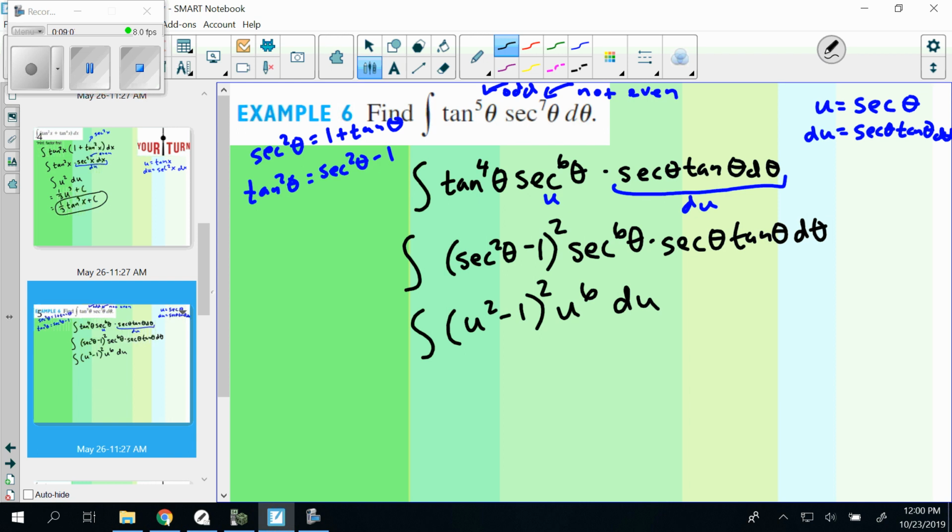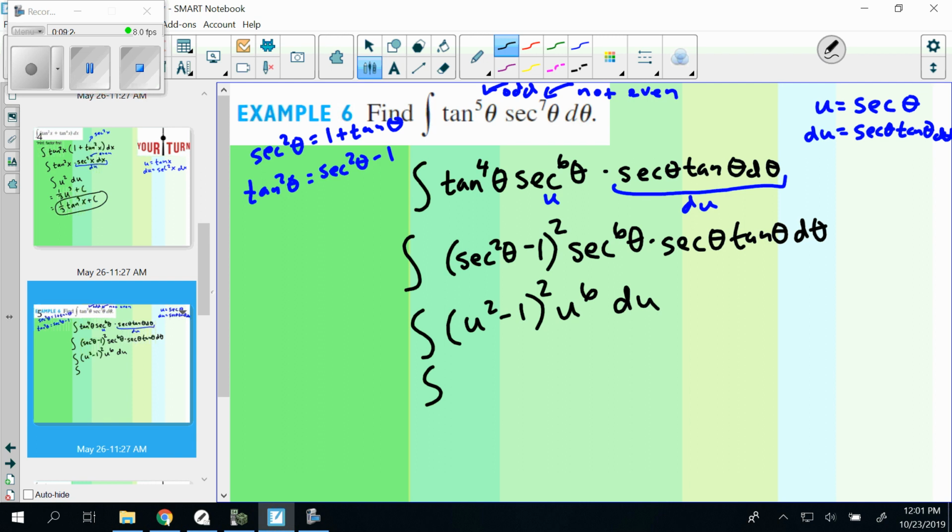Now this one, there is some simplifying we're going to need to do, because we can't quite come up with the antiderivative with that multiplication still happening. So we are going to have to FOIL out 2 of these, and then multiply that last u to the 6th.